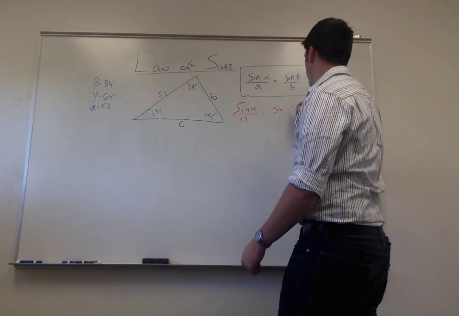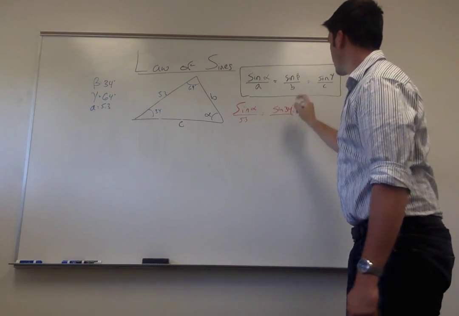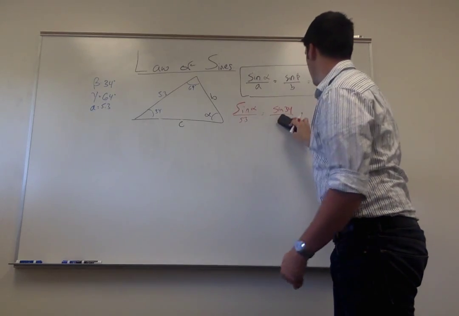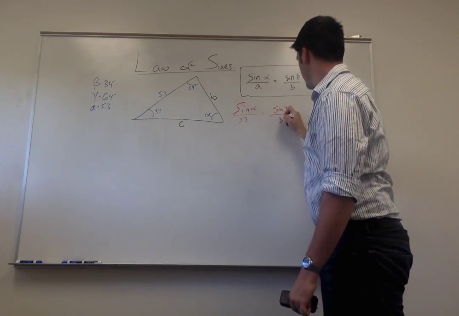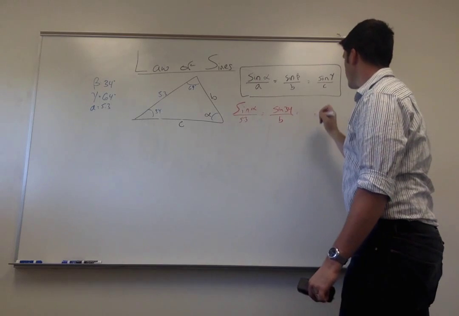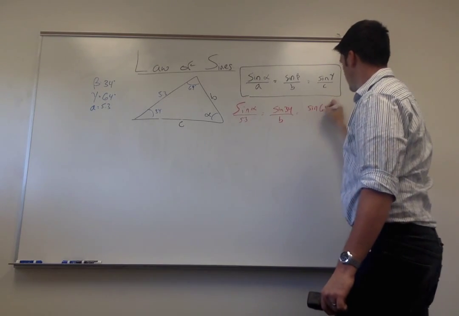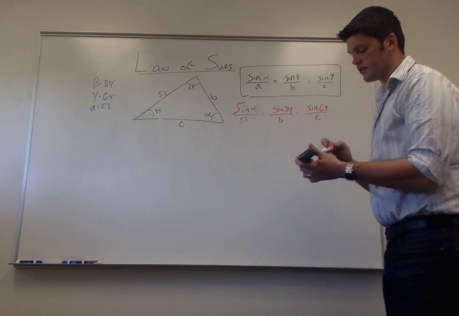Beta is 34 degrees, so we can write that in there, over B. We don't know what B is yet, so that's still a variable. And that is equal to the sine of angle gamma, which is 64 degrees, over side C. We don't know what side C is yet.